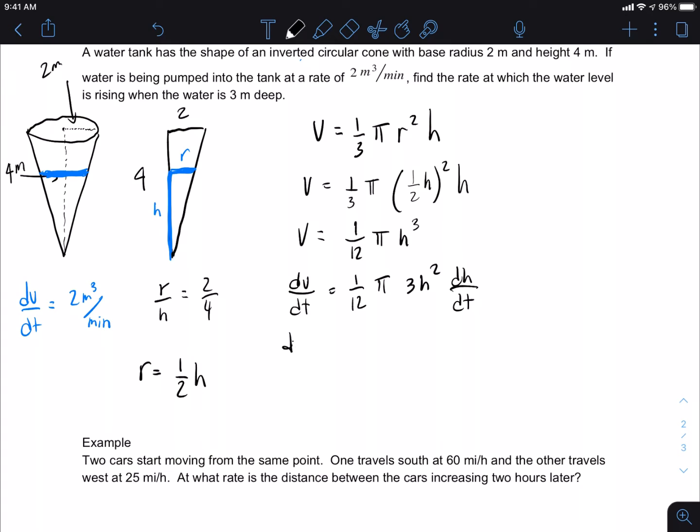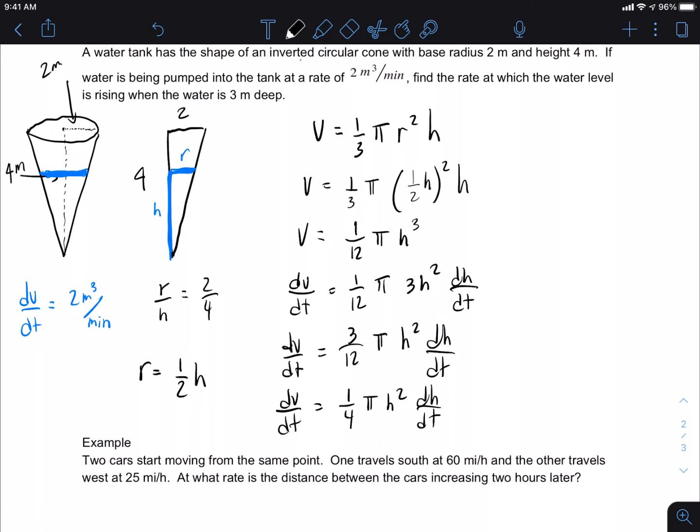That will then give me dv dt is equal to 3 over 12 pi h squared dh dt, which then gets me dv dt is equal to 1/4 pi h squared dh dt. Does that clarify it for you?